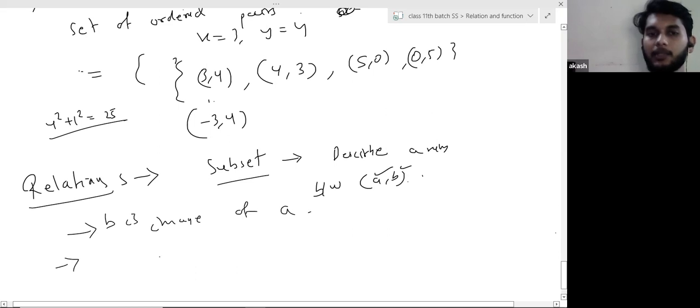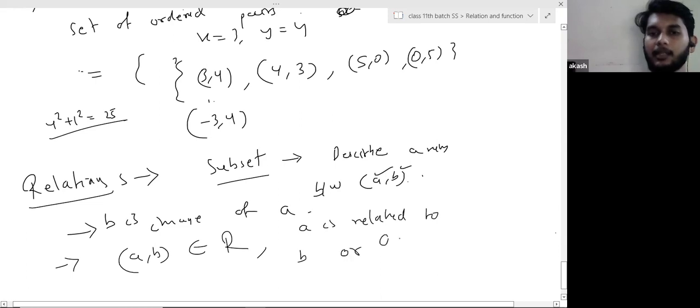Suppose (a, b) is an ordered pair that belongs to R. So we write a is related to b, or we write a R b. If (a, b) does not belong to R, we say a is not related to b.